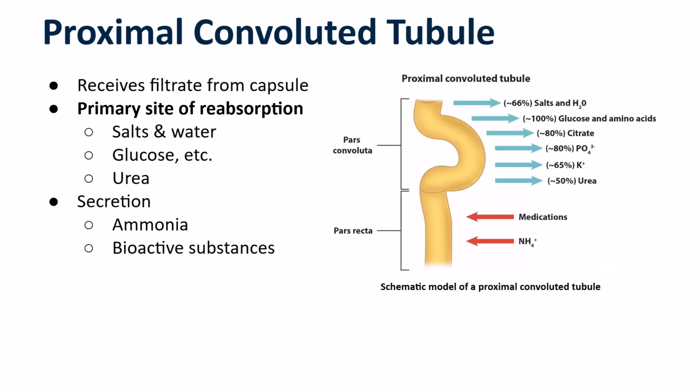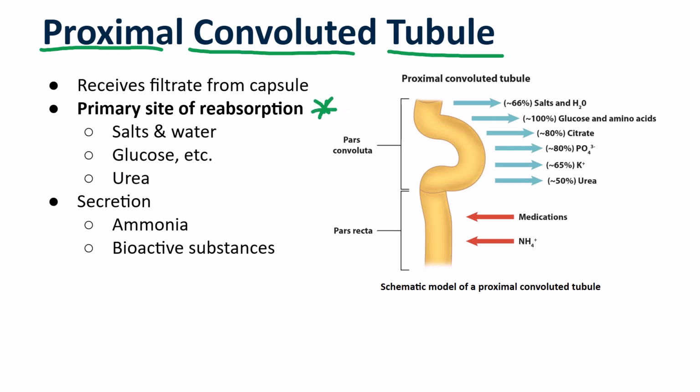So filtrate moves from the corpuscle into the tubules, and the first part of the tubule is known as the proximal convoluted tubule. Recall that proximal is closer to the beginning of a tube and distal is further from the beginning. So the proximal convoluted tubule is the first part of the tubule, and this is the primary site of tubular reabsorption.